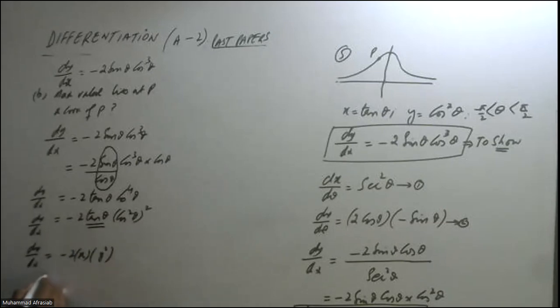Or we can write this thing as minus 2x over y square, or even y square is basically equal to minus 2x over, minus 2x into y square.